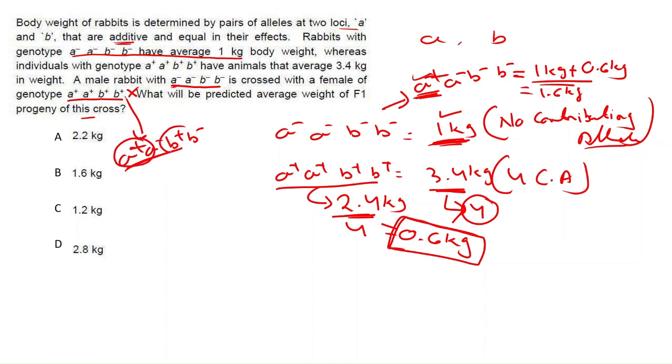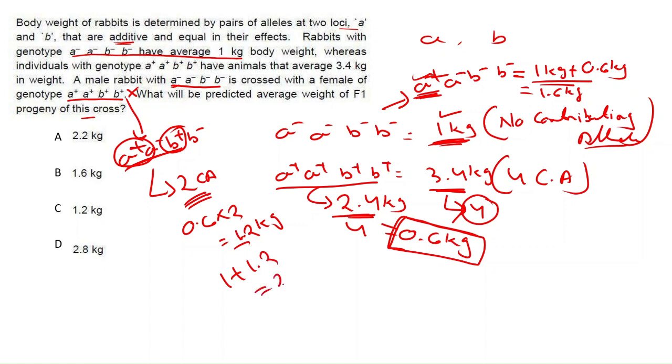There are only 2 contributing alleles here. How much will they contribute? 0.6 into 2 equals 1.2 kg. The body weight of the rabbit without any contributing allele is 1 kg, with extra 1.2 kg. So 1 plus 1.2 equals 2.2 kg. So 2.2 kg is the correct answer.